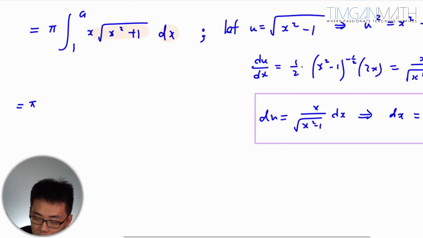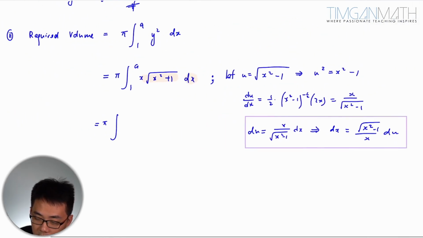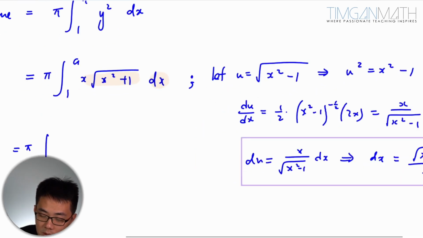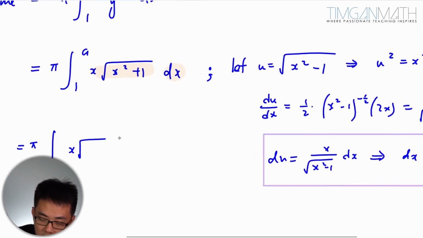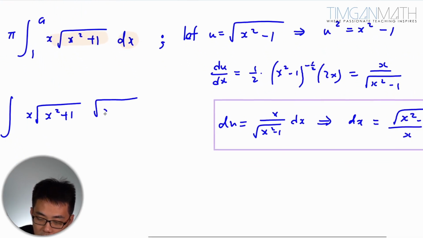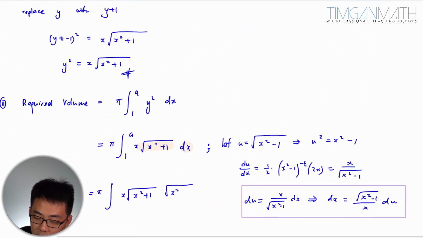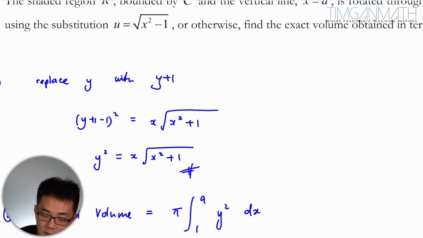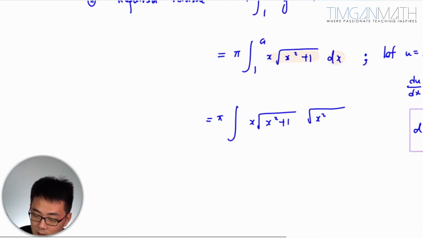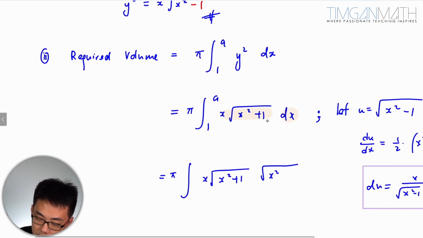Alright, once done, we have x over x squared plus 1. It's always good to substitute in first and see what could be cancelled. So this is the square root of x squared, oh I wrote wrongly, this is minus 1.